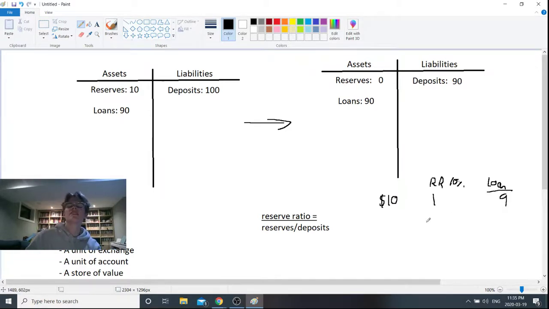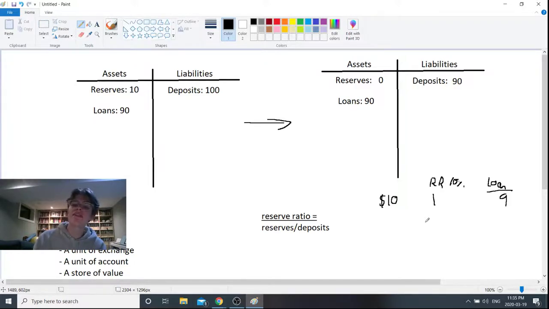And what we see is that this keeps happening over and over again. That $9 that they loan out, now that's $9 new dollars that they put into the economy. And what we assume is that there is no cash drain. So what that means is that all the money then goes back to the bank. The bank loans out that $9 to someone, and they immediately go and put it back in the bank.